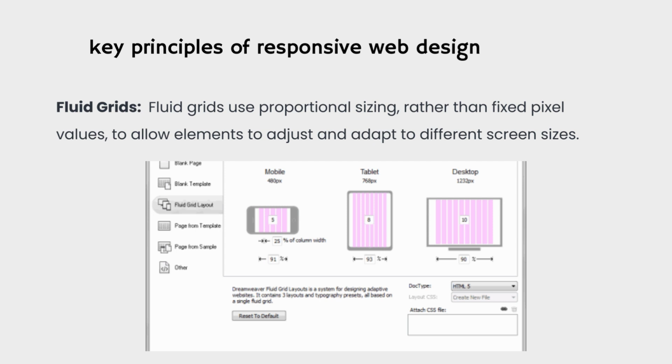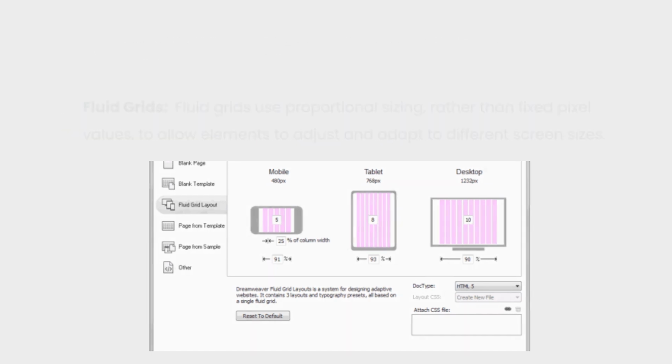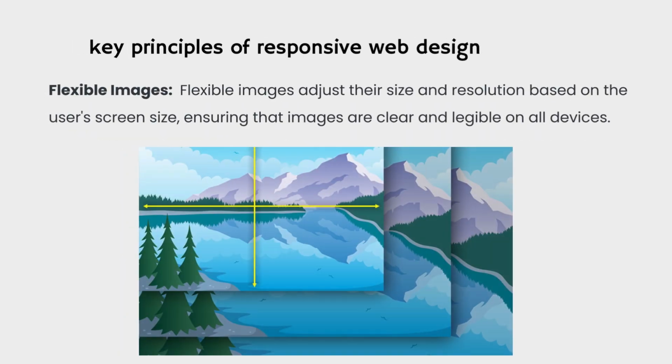Now let's go to the second component of responsive web design in e-commerce: flexible images. What are flexible images? Flexible images adjust their size and resolution based on the user's screen size, ensuring that images are clear and legible on all devices.